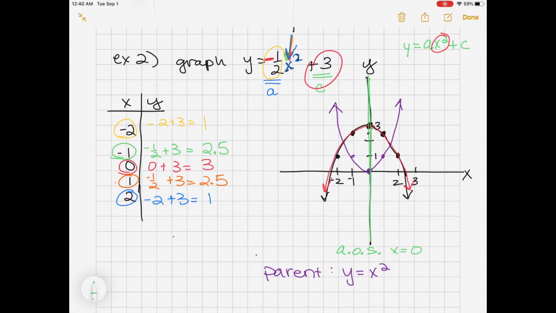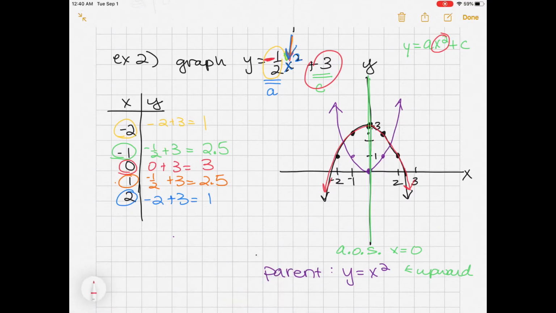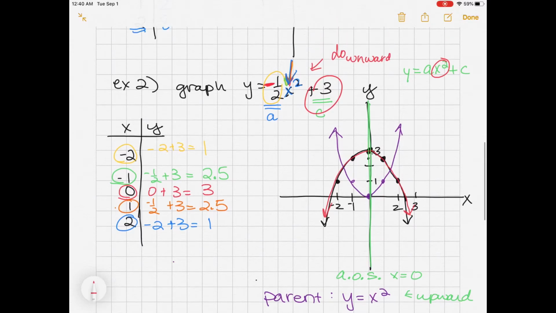Well, the parent function opens upward, and the graph of y equals -1/2 x squared plus 3 opens downward, right? And we talked about that because of that negative in front. So we know that this function opens downward. Sorry, that looks weird. That's downward.